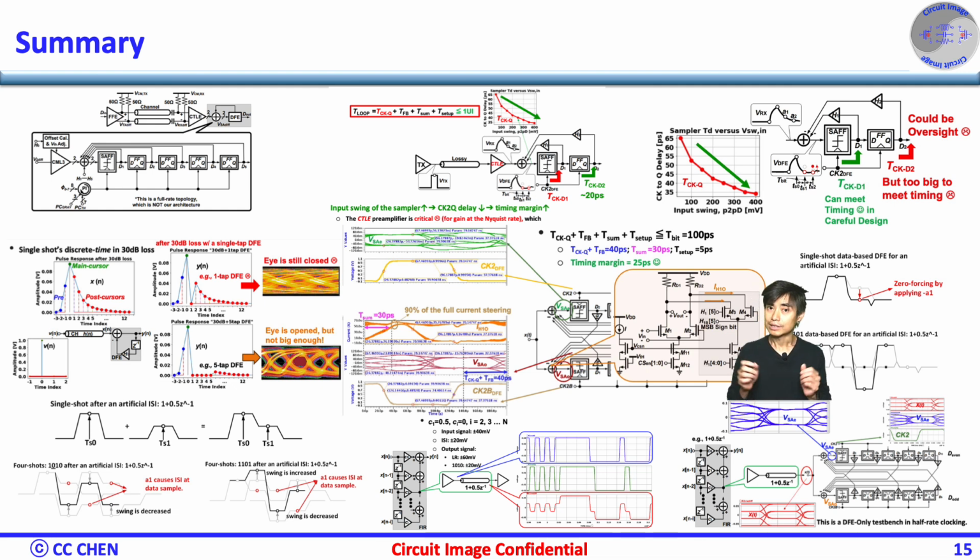If you know the decision feedback equalizer DFE, you should know that DFE should make the right and fast decision to cancel the unwanted ISI or interference. Therefore, the feedback timing is very critical. Otherwise, it could be too slow to cancel the ISI.